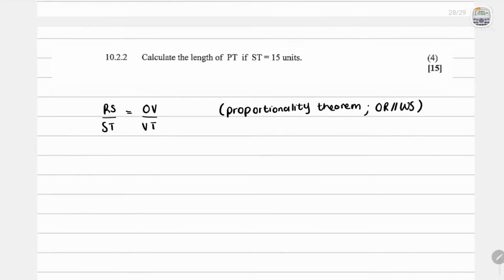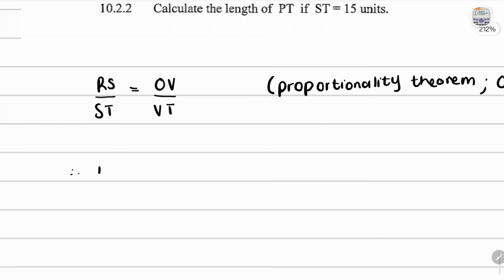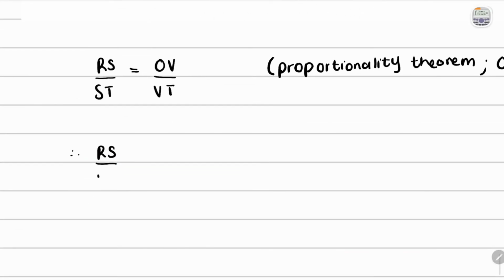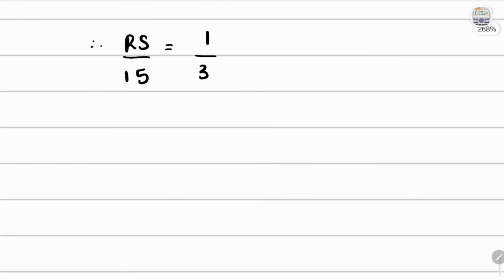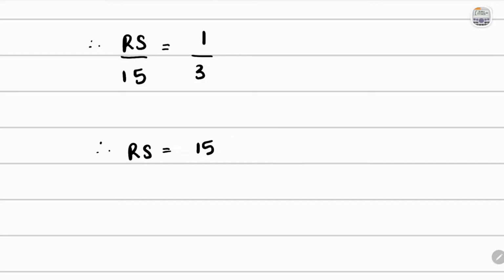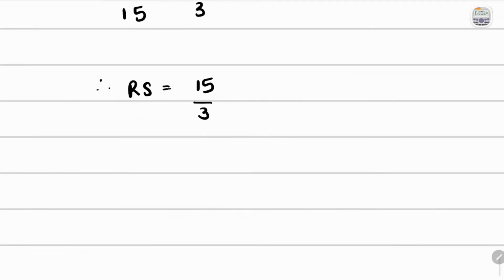Okay, so we are looking for RS, so that one stays RS. However, ST is 15 units. And we know that OV took one part of that line, and then VT took 3 parts, as we saw previously. So now we can finally solve for RS. To solve for RS, get rid of the 15 by multiplying both sides by 15. So RS would be equal to 15 over 3, which is equal to 5 units.